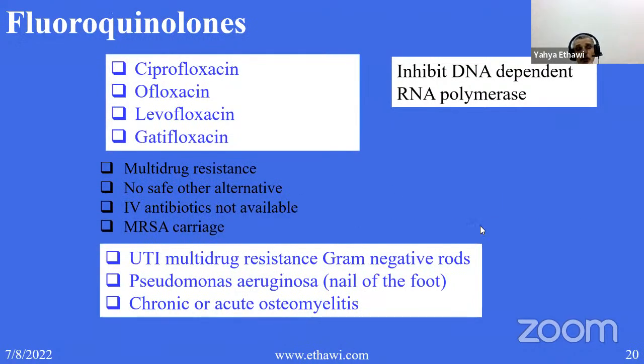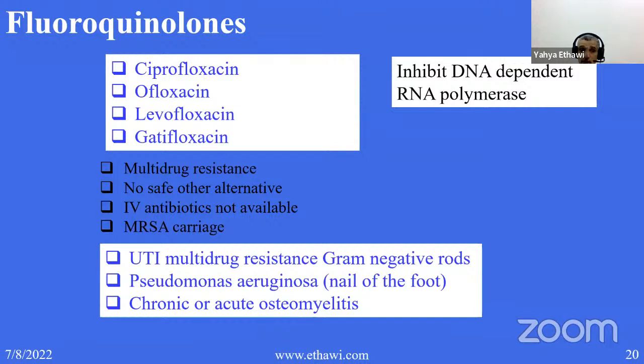The fluoroquinolones, for example ciprofloxacin, ofloxacin, levofloxacin, and gatifloxacin, inhibit the DNA-dependent RNA polymerase.